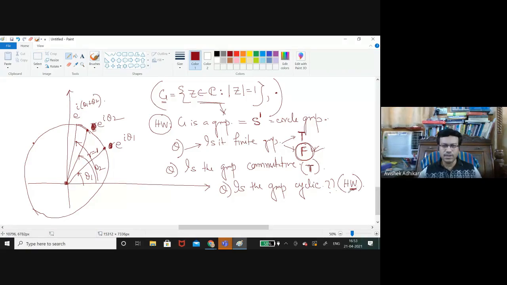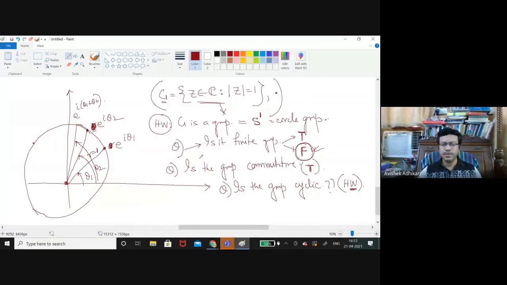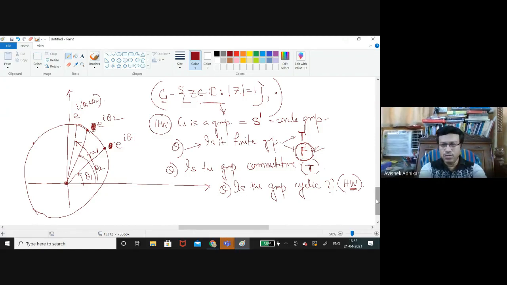Now the question is, is it cyclic? If it is cyclic, then you need to give me the generator. And if it is not cyclic, then tell me why. Give me an element which cannot be generated by a single element. That's quite an interesting group that you need to think about.